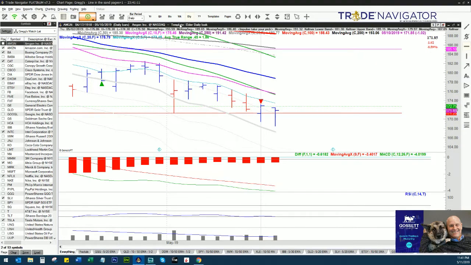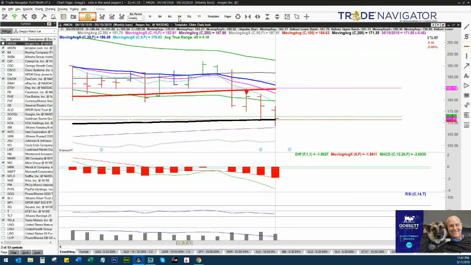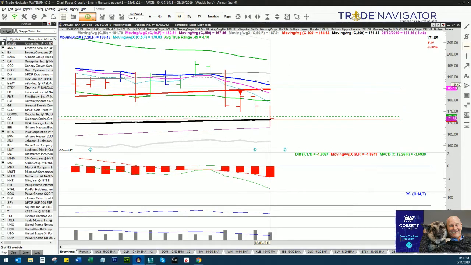But if we look at the weekly, so if we go one time frame up, what I liked on the weekly was that we had already tested the 200-day weekly moving average. A 200-day moving average works fine on the daily. It also works on the weekly. It also works on the monthly.